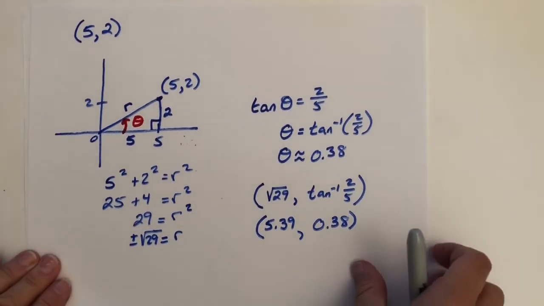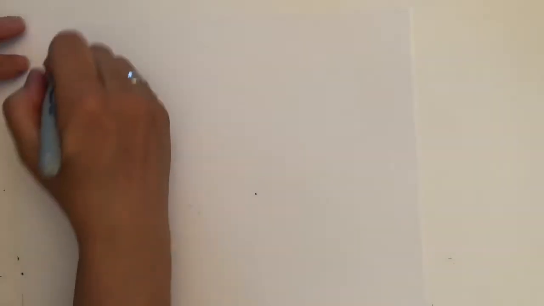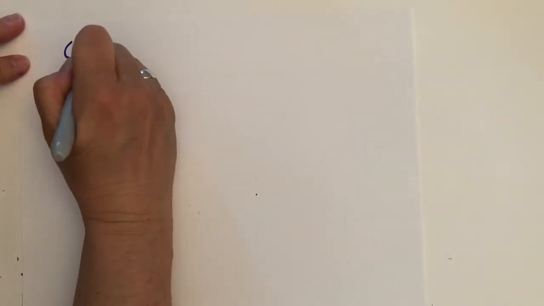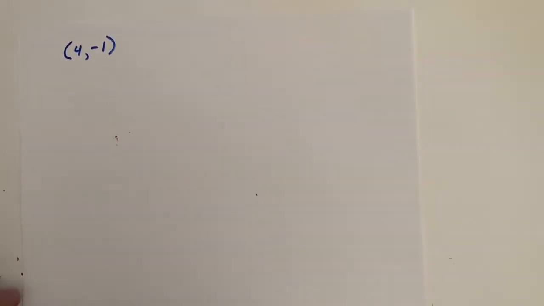Let's do another one. Let's use the point (4, -1). Have you caught on to the fact that we draw a picture each time? That's what you want to do when you're converting from rectangular coordinates to polar coordinates.